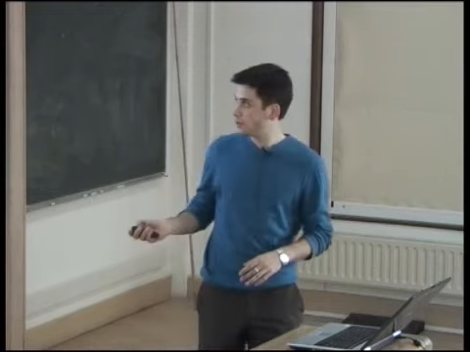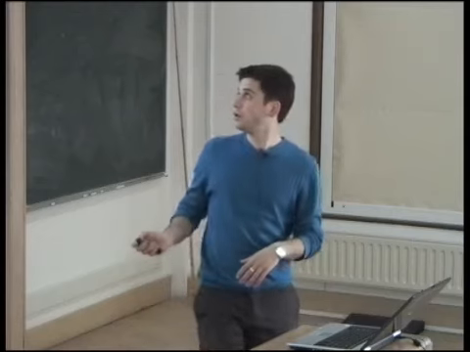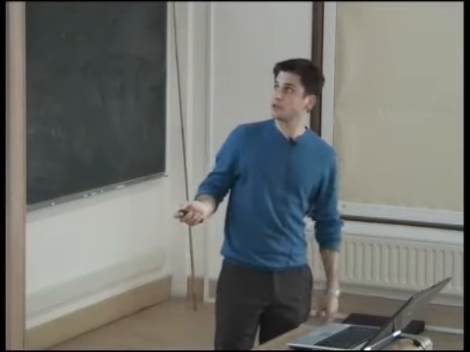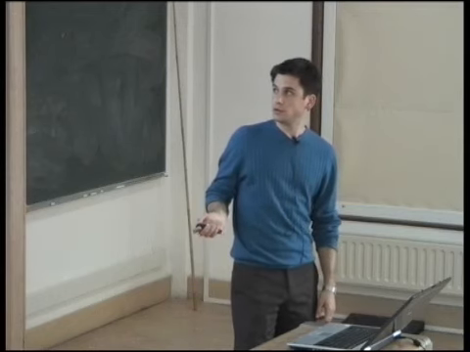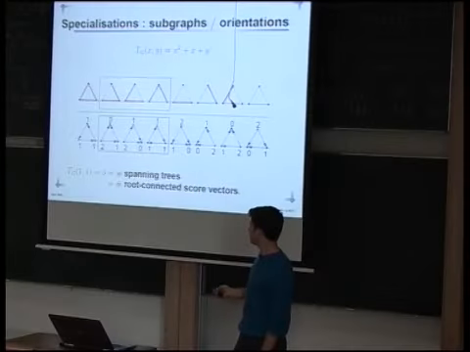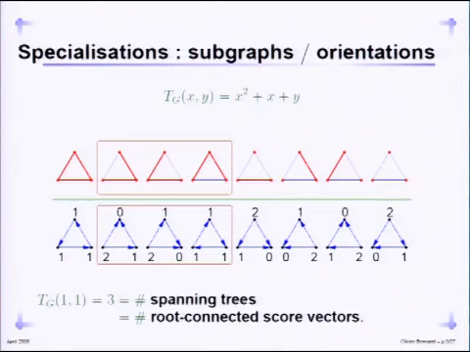What's wrong with the very first triangle? This is not a spanning tree. Yeah, but below, the blue one. Sorry, this one. I can get to everywhere from the root. Yes, but I have taken a unique representative of my score vector. So this is already in there. Ah, thank you.